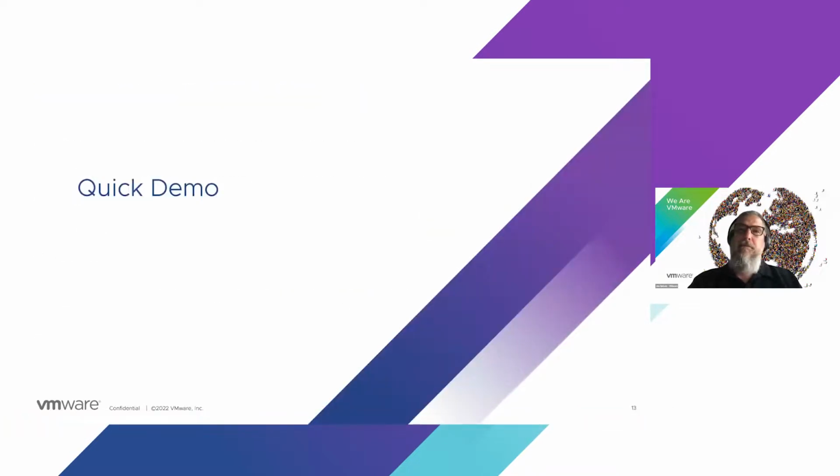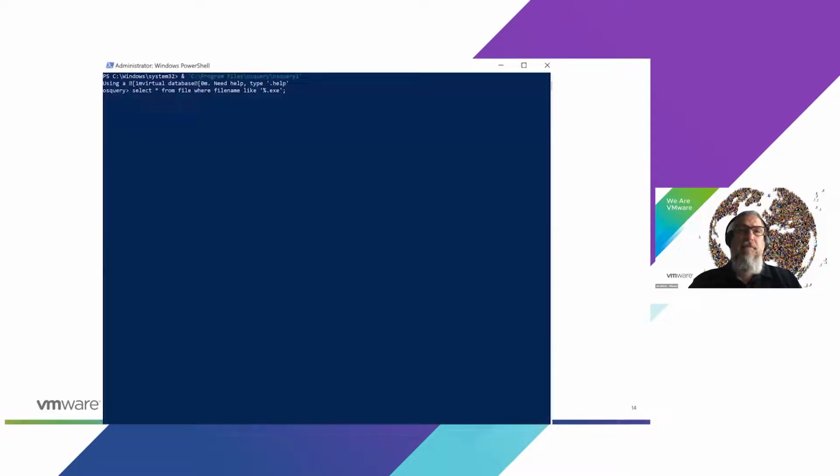With that said, we're going to jump into a quick demo of OSQueryI. So here it is. You can see just running OSQuery drops you into a command shell. And here I am running a command: select star from file where file name is like percent exe.